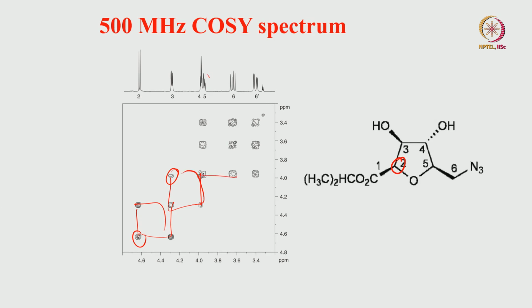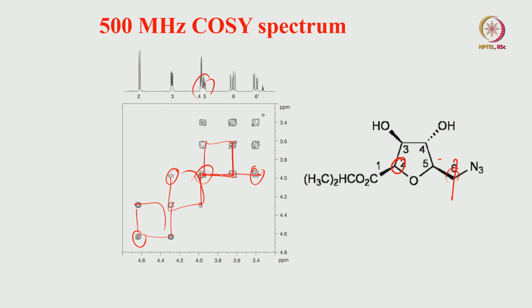From 4 I can come here. Of course there is a bunch here; the 4 and 5 cross peaks are there but are unresolved. From 5 I come here and complete this square. 5 is coupled to 6, but 6 has 2 protons, so 5 is also coupled to 6 prime. There are 2 protons here, both with 2 bond or 3 bond coupling with proton H5, so we will have 2 cross peaks here.